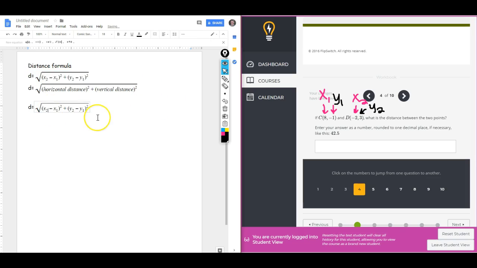So x sub 2, if I replace that, is -2. And x sub 1, by substitution, is being represented by 8. It's located right there. Y sub 2 is 3, and y sub 1 is negative 1. So now the question is, there's already that subtraction sign in there.